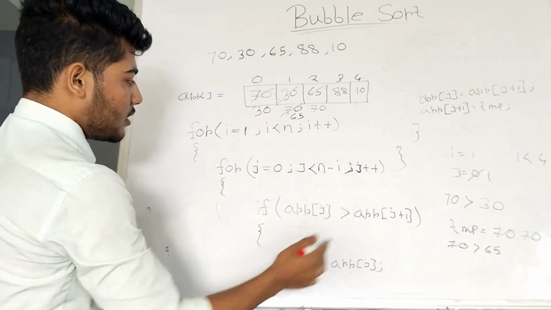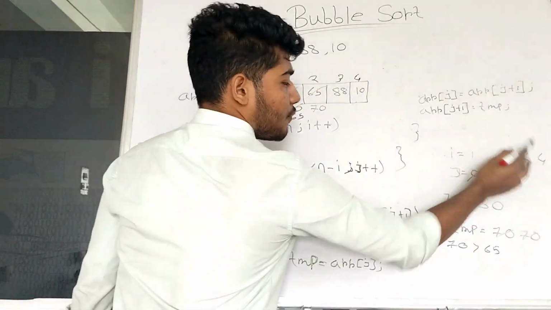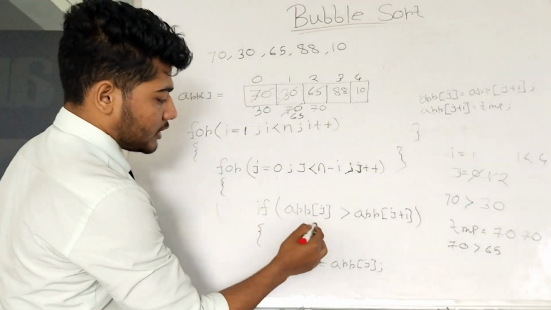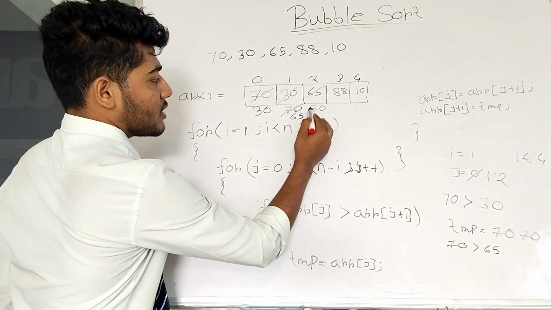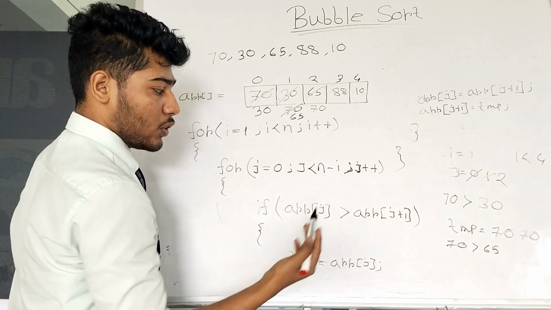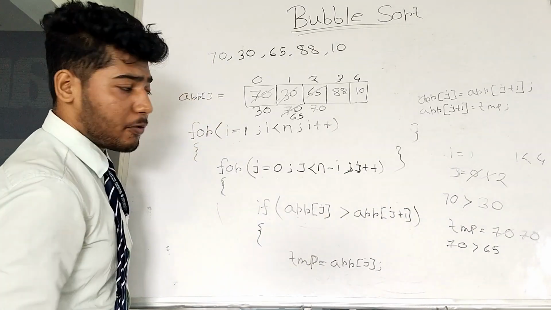Okay, now j will be 2, 2 less than 4, true, so it will check arr[j] greater than arr[j+1]. arr[2] is 70, 70 greater than 88, no, so it will not enter the if condition.